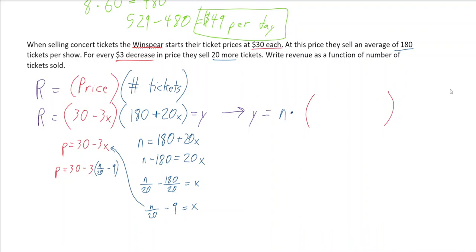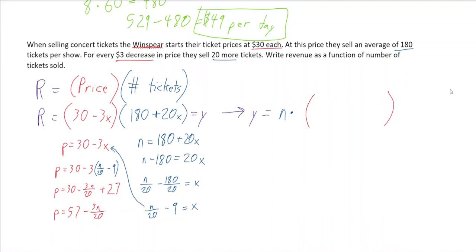Okay, and then this will simplify to p equals 30 minus 3 over 20 n plus 27. Okay, so this can simplify to 57 minus 3n over 20.